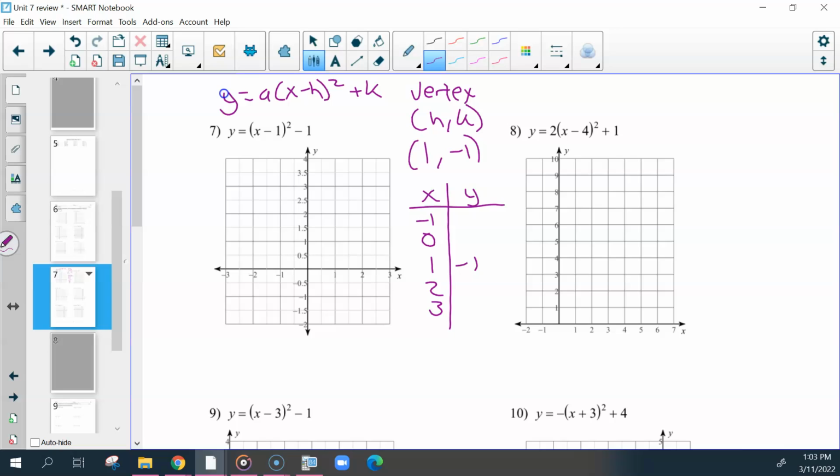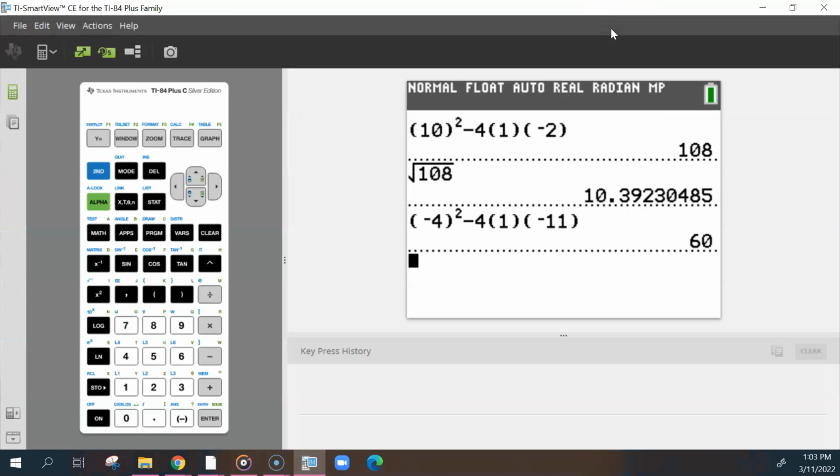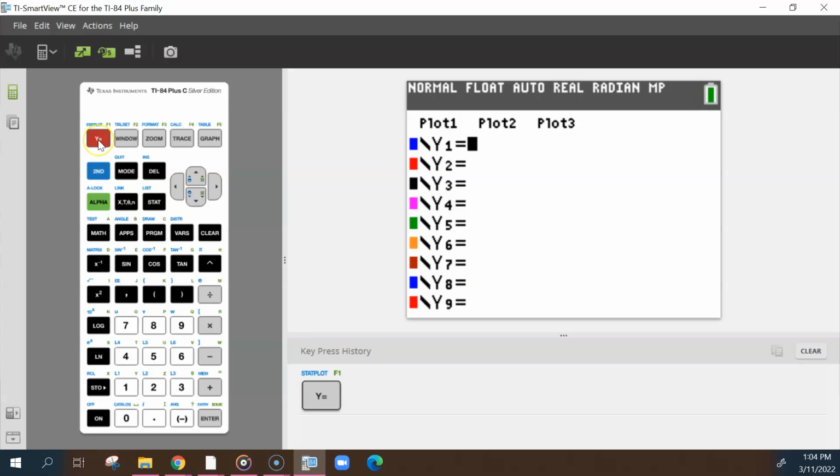So the same when you put things in the calculator, go into your y equals. This is not up here. And you would just type it in exactly as is. Use your parentheses. So parentheses x minus 1.